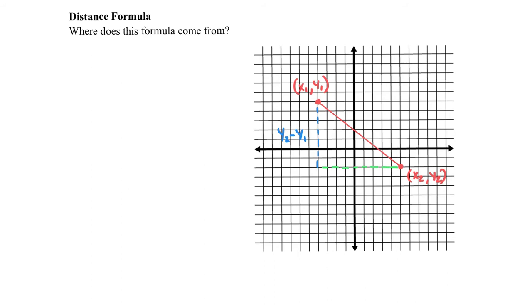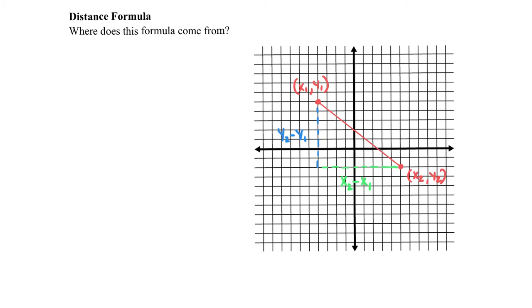So in this case, it would be 5 minus negative 2, which is 7, and that's exactly the length of the segment. And then the length of the green segment would be x2 minus x1, which in this case would be 5 minus negative 4, which would be 9, which is the actual length of that segment.